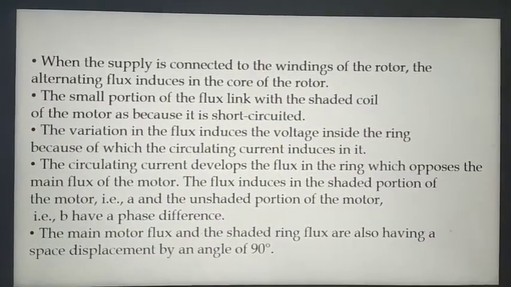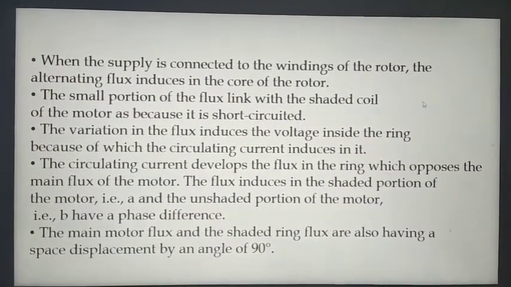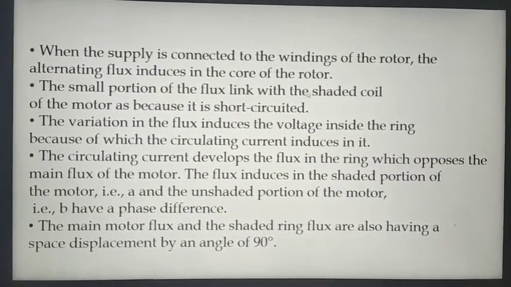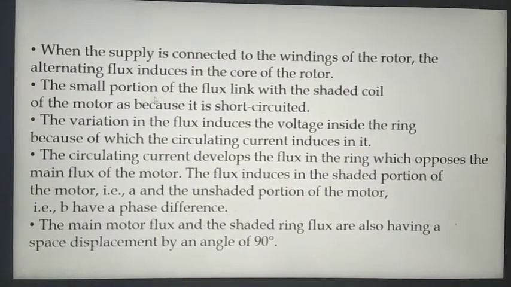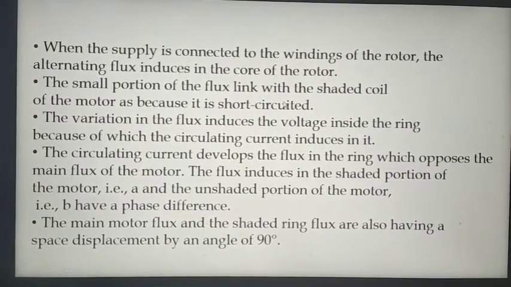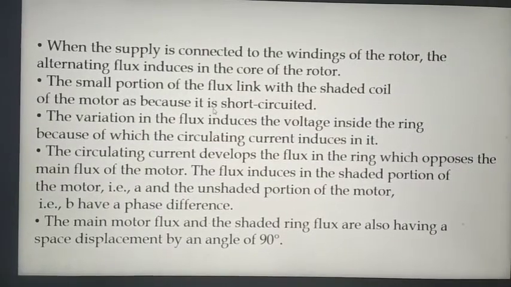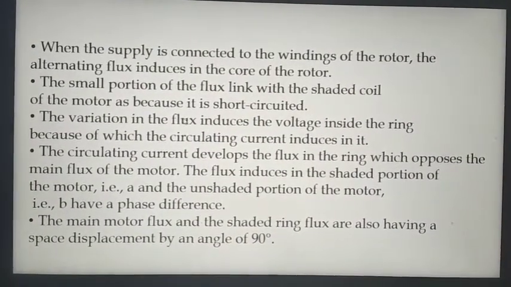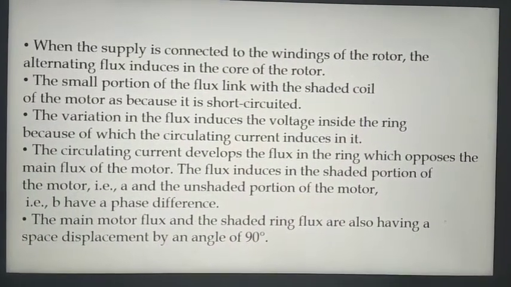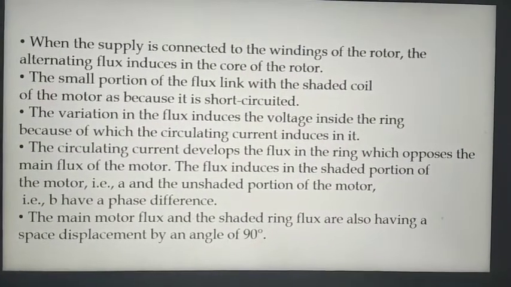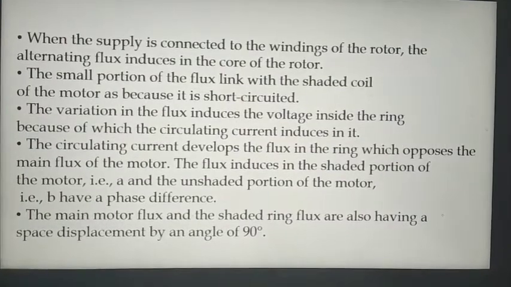When the supply is connected to the winding, an alternating flux is induced in the core of the rotor. A small part of the flux links with the shaded coil of the motor, as it is short circuited. The variation in the flux induces a voltage inside the ring, because of which a circulating current is induced in it.